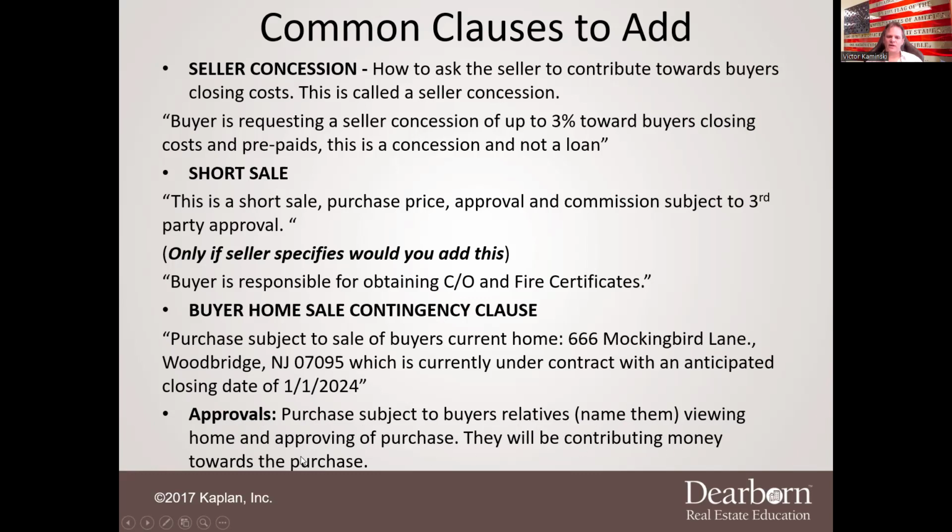They will be contributing money towards the purchase. Just spell it out in plain English like that. You don't need to write it in legalese. You could just write down these contingencies in plain English. Just choose your words wisely, because they're going to be interpreted by attorneys. Right, so you would write that down as your contingency.